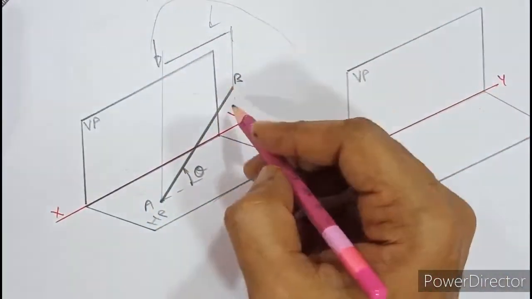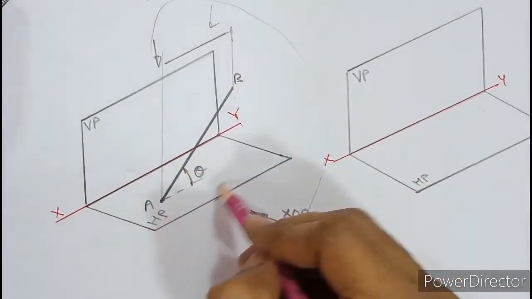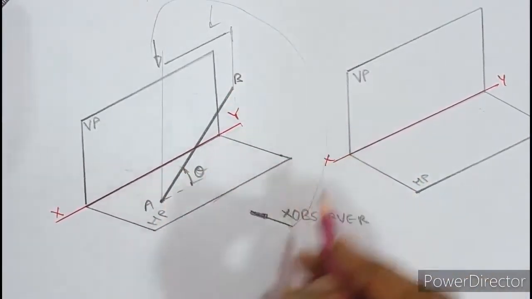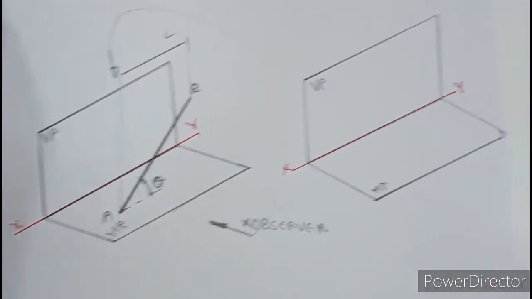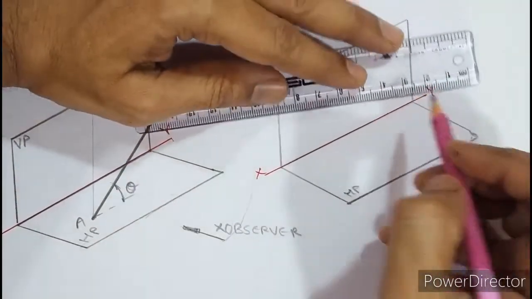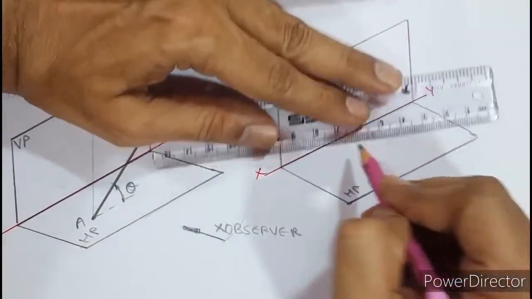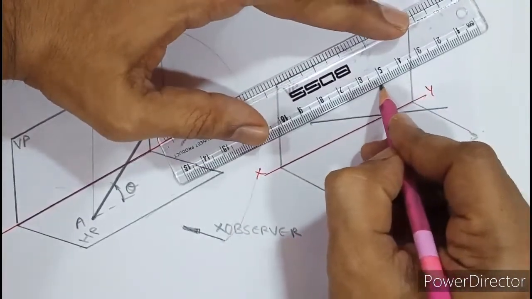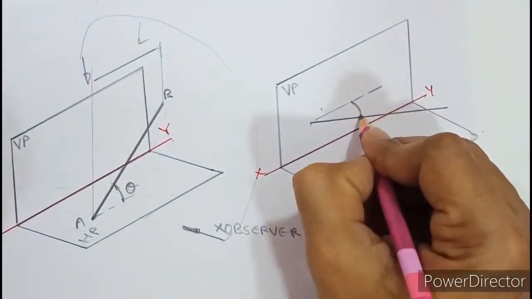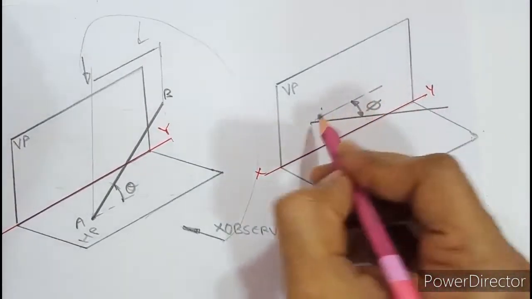So before moving further, you need to understand this very thoroughly: whenever a line is inclined with HP, that inclination can be seen only from the front view and not from the top view. And the converse of that: let me draw a line here which is inclined with the vertical plane by angle phi.